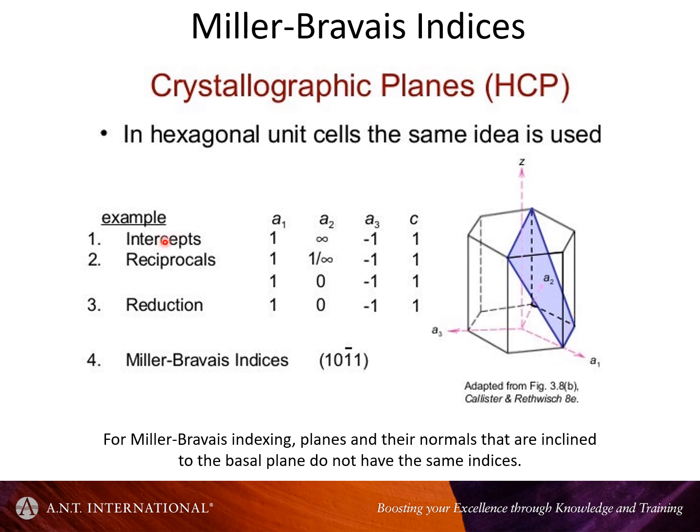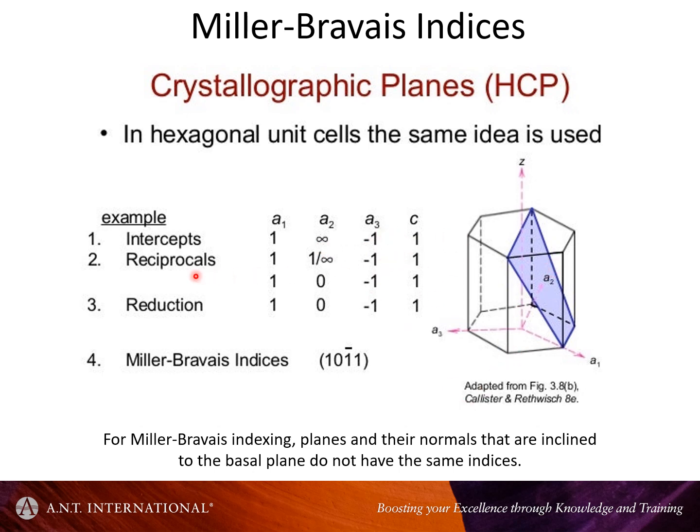We look at the intercepts with respect to the different axes, and I've actually put the C-axis here now, even though this says Z. So we look at where this plane intersects each axis, starting from an origin. In the A1 case, it intersects here. In A2, it intersects, sorry, not A2, that'd be A3. It intersects at minus A3, and it doesn't intersect the A2 axis at all.